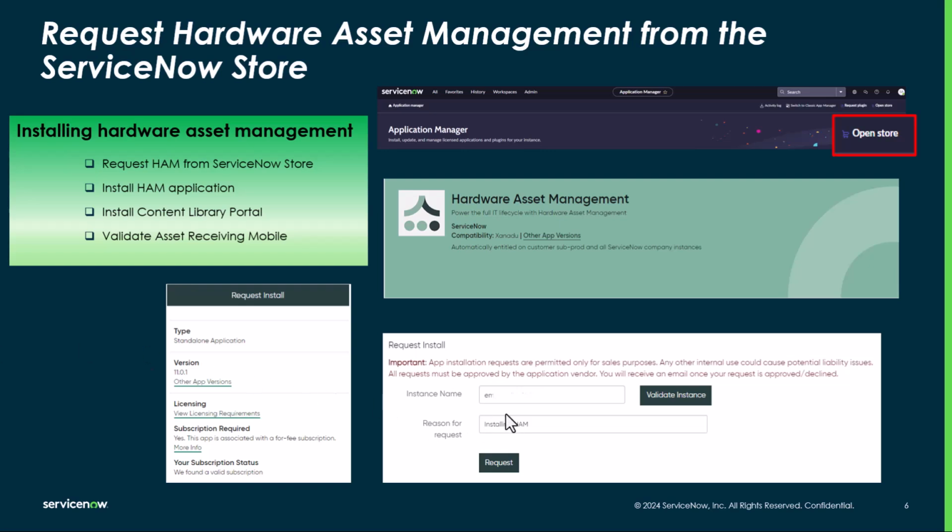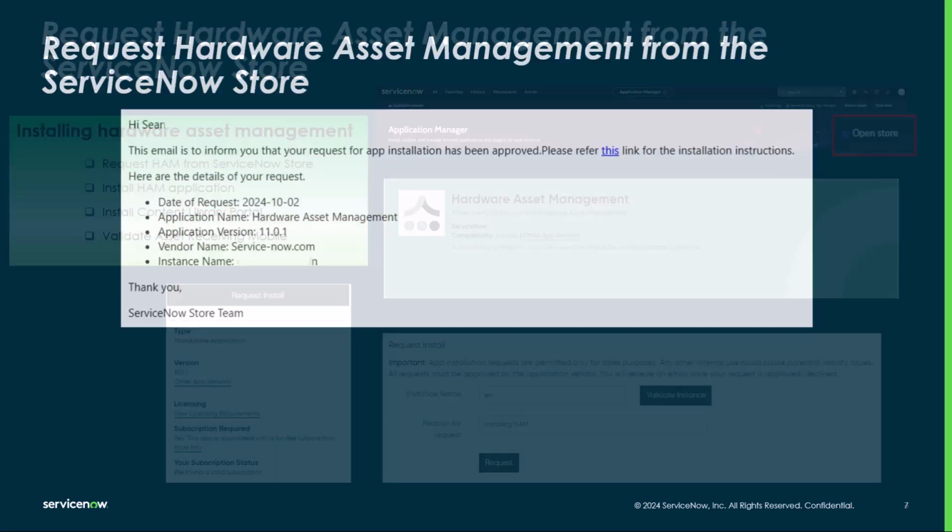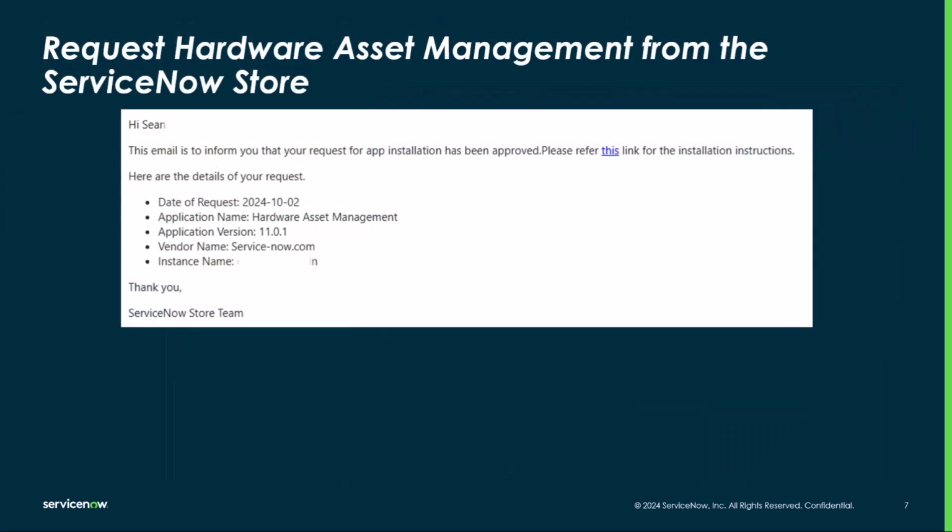When you're requesting it, you're going to need to validate your instance name and your reason for it, and simply click on the request button, and that will submit the request to have the application added to your instance. It's going to go through an approval process to make sure you have permission or you have a valid subscription for HAM.